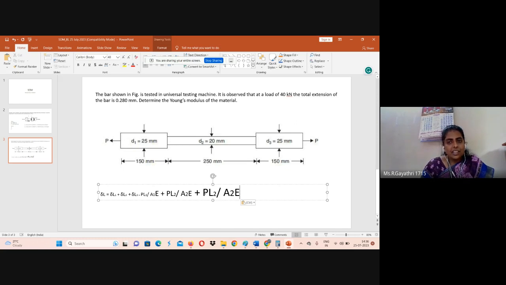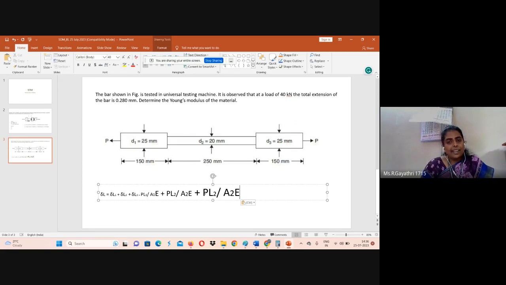Using this equation, we can find Young's modulus because del L is 0.28. Left side value is known. Load also known. L1, L2, L3 values are also known. A1, A2, A3 also known. So we can find Young's modulus.